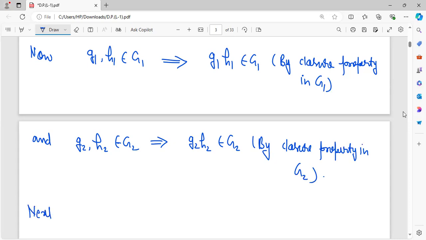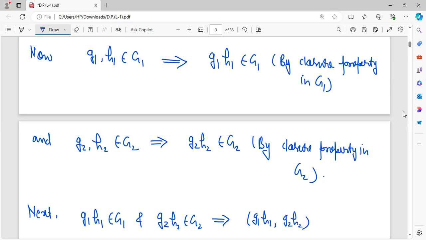Next, g1 h1 belongs to G1 and g2 h2 belongs to G2. So this implies (g1 h1, g2 h2) belongs to G1 cross G2. Okay.